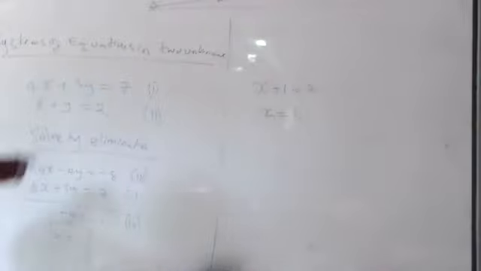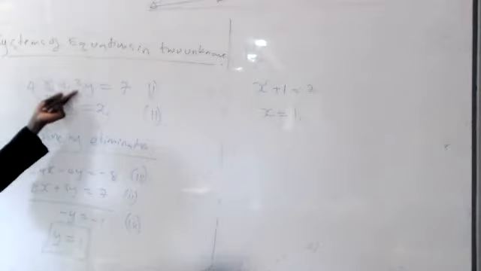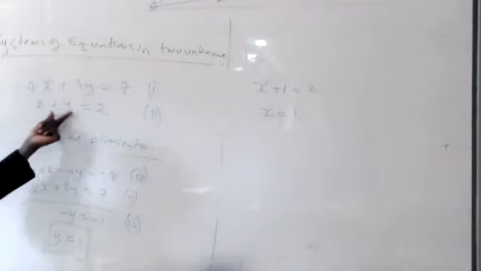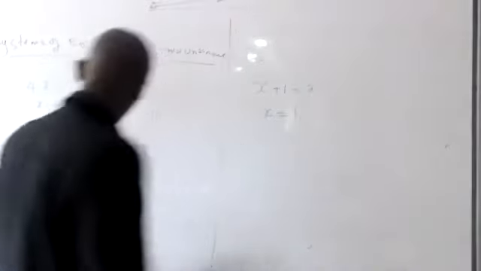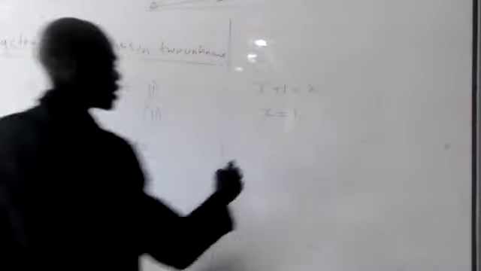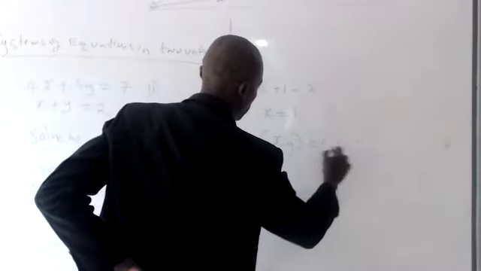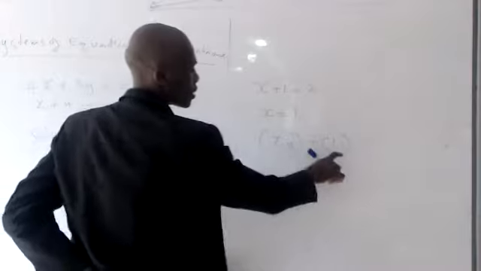And you can check: if you put x as 1, y as 1, 4 times 1 plus 3 times 1, that is 4 plus 3, gives you 7. x plus y, 1 plus 1 is 2. So indeed, x is 1 and y is 1, solving this system. And in some cases, you can write this coordinate-wise as x comma y is the same as 1 comma 1. So this means x is 1 and y is 1.